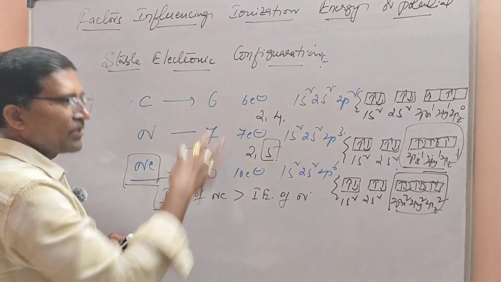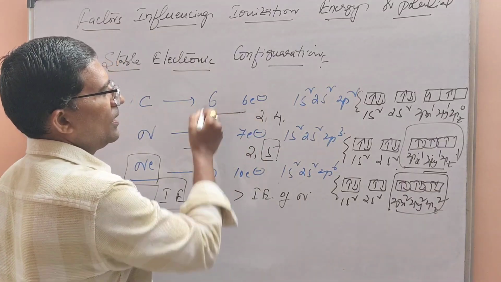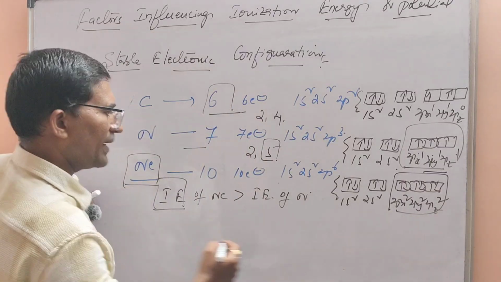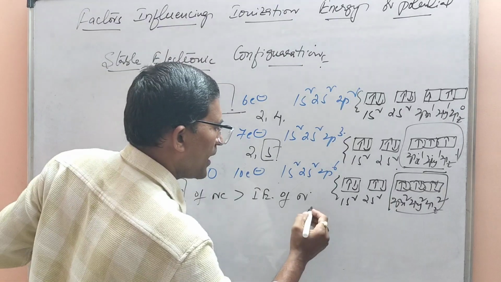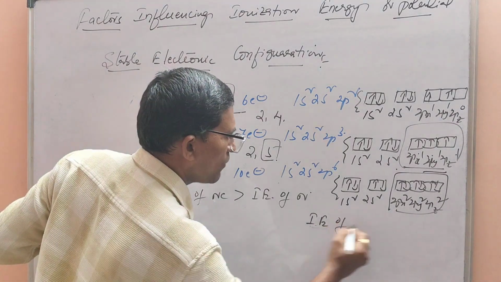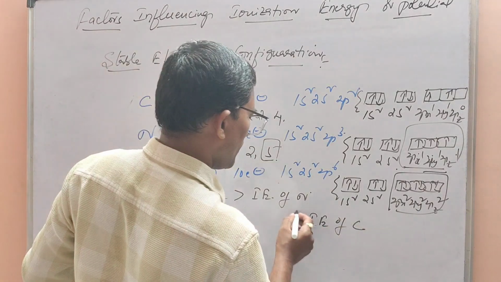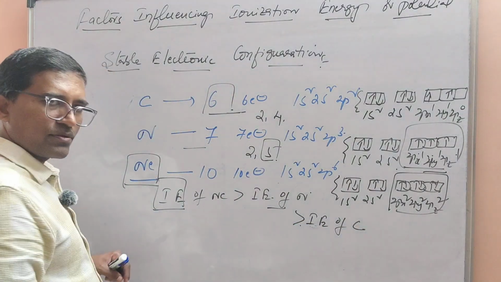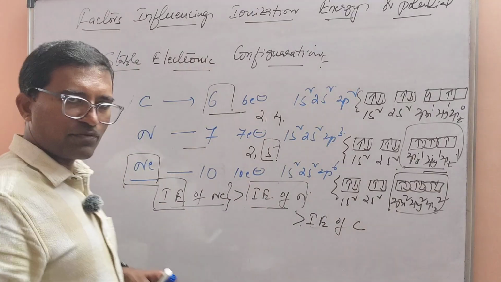Comparatively, I am telling you, the ionization energy is less for carbon. The ionization energy of carbon is less than that of nitrogen, and nitrogen's is less than that of neon, because neon has an octet configuration.